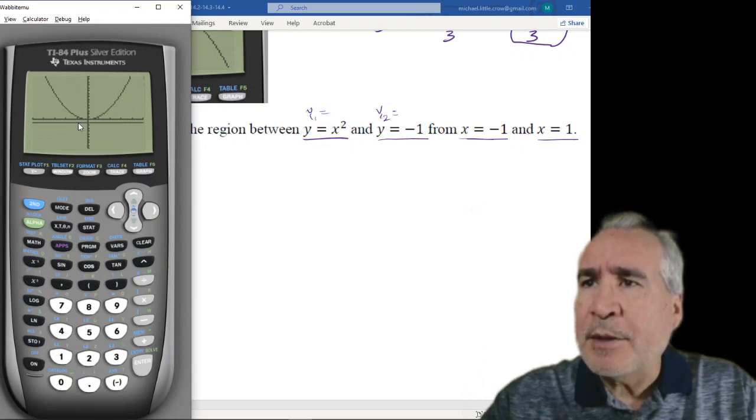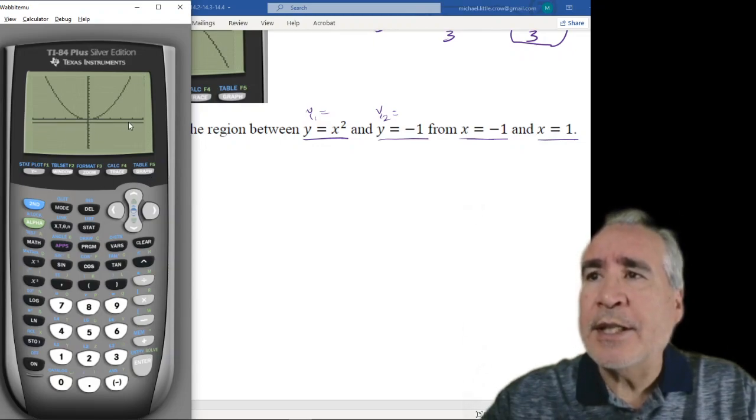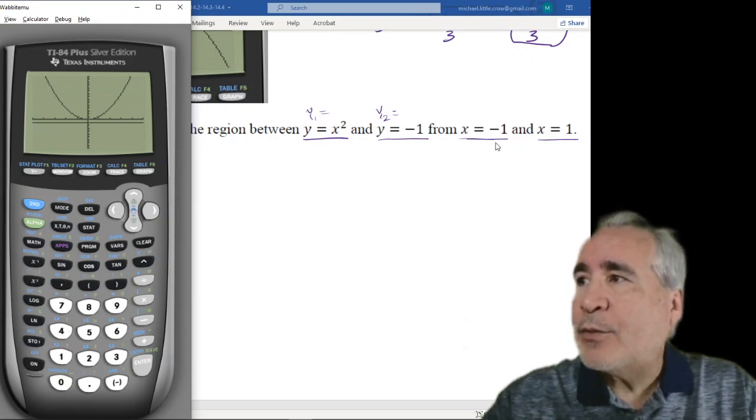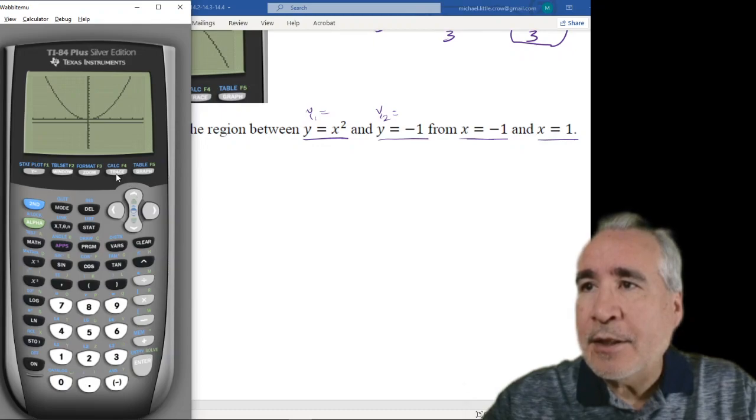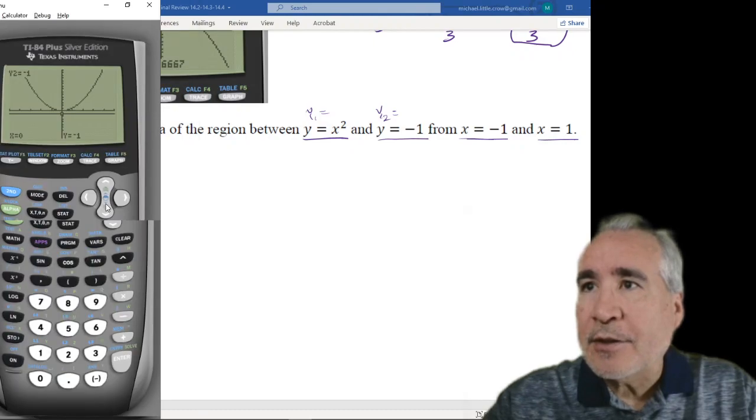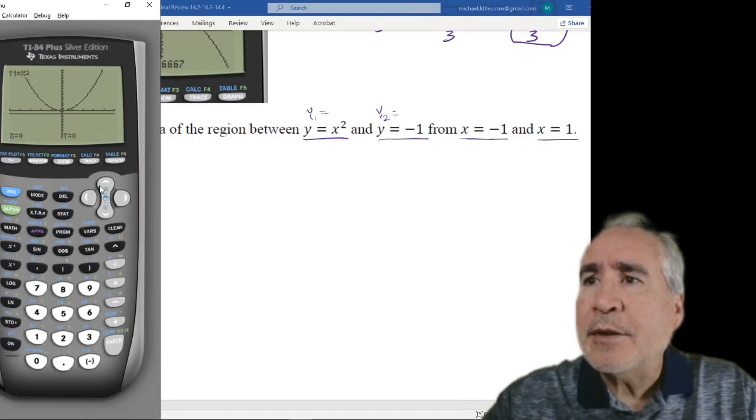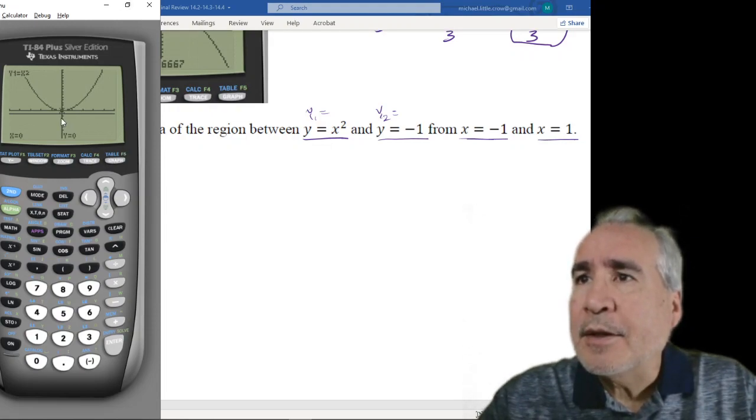Yeah, see the area between these two curves. They don't actually intersect, so you can't find them. That's why they needed to give us these boundaries. But I do see clearly, hopefully, that y1 is on top of y2. Oops, what did it do to me? There we go.